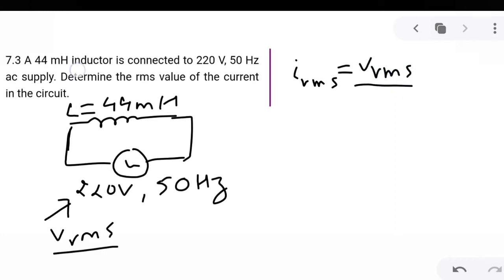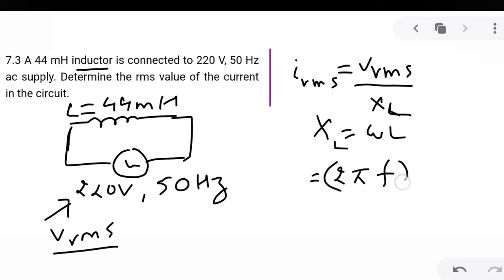For an inductor, the opposition term is XL, the reactance of the inductor, and XL is equal to omega L. Omega is angular frequency, that is 2 pi times frequency, into L.